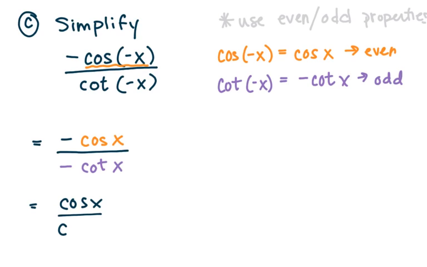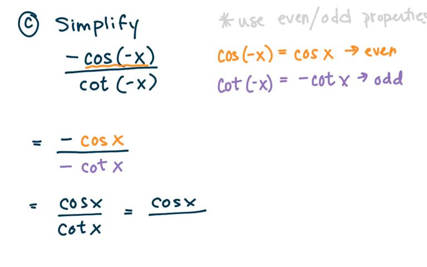Cosine x over cotangent x. And this may be as simple as we want it, but cotangent, I can rewrite that in terms of sine and cosine.